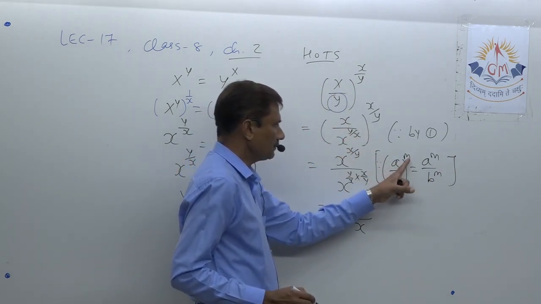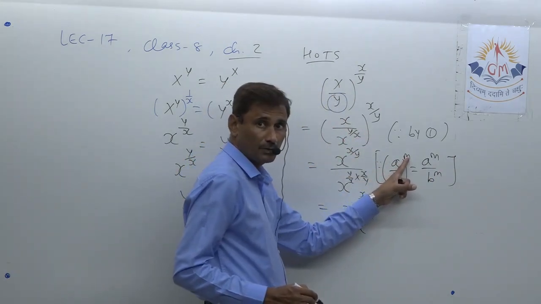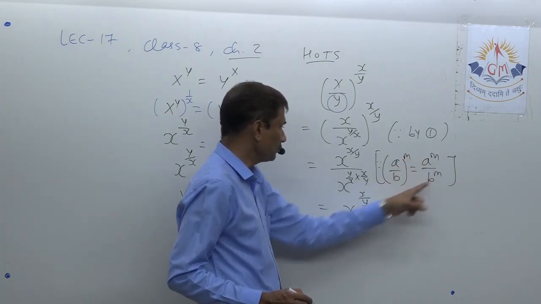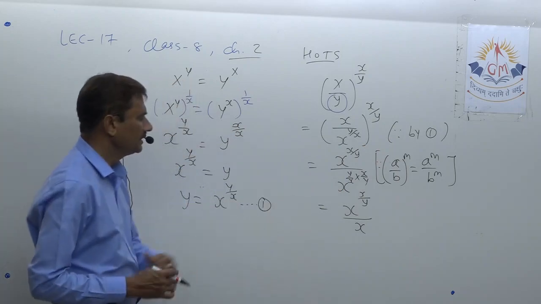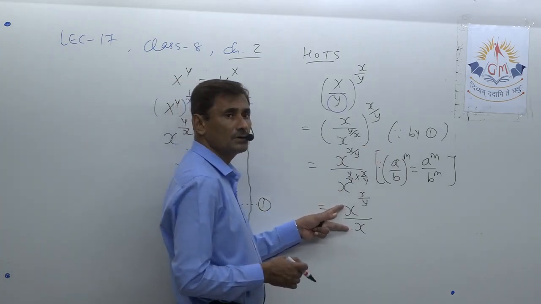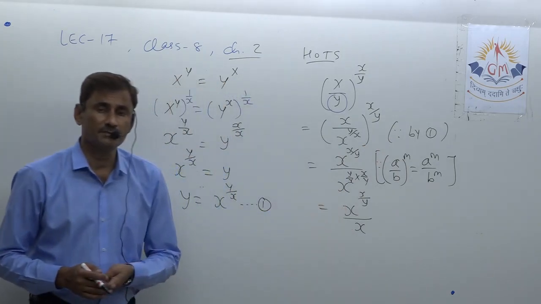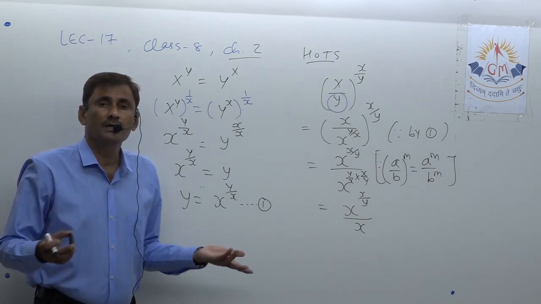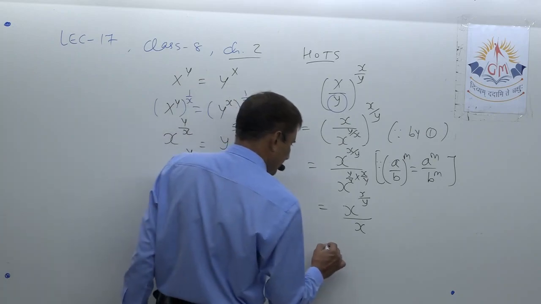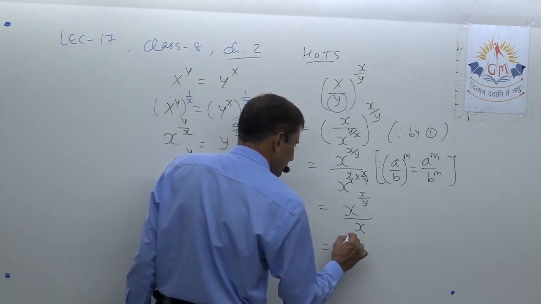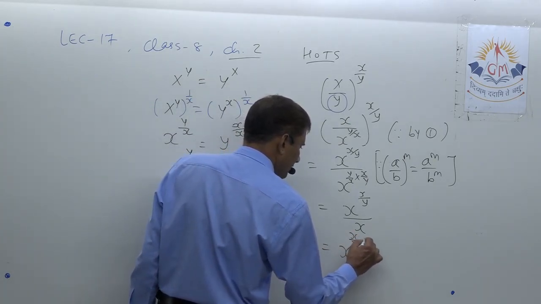Opening of the bracket means this degree or power or exponent should be applied to both, so it is applied to both. So these are the reasons. Okay, now you know the quotient law. Quotient law means if division is there, you can subtract exponents. So now I can write x raised to x by y minus 1.